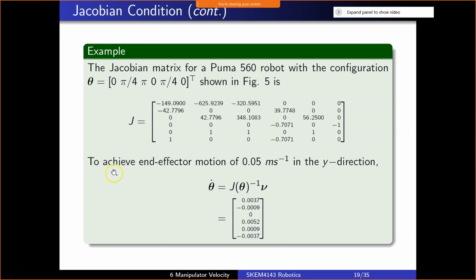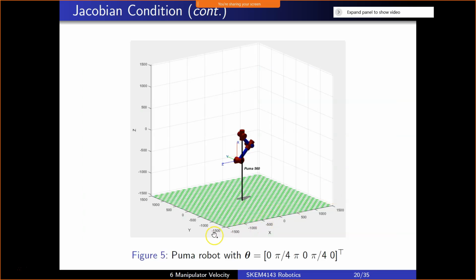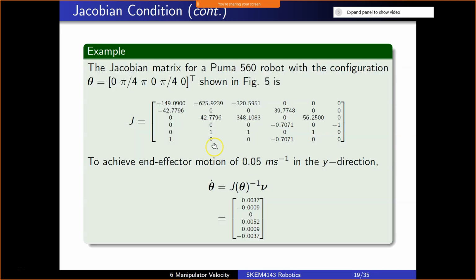And if you want to achieve end effector motion of 0.05 meter per second, again in the y direction, so this is x and this is y, if I want the end effector to move in this direction at 0.05 meter per second, I can compute what is the required joint velocity.